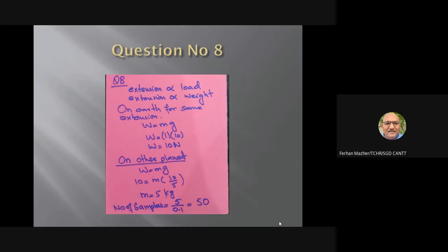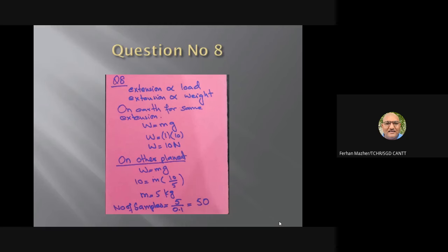When you take it to the other planet, the same weight or force is required to create that same extension. So on that planet, W is equal to mg, the weight should be 10 Newton, and I don't know how much mass you have to put on that spring balance.